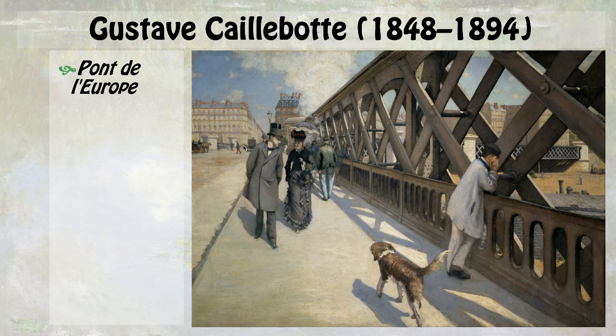The exposed steel beams are a feature of modern architecture, the Eiffel Tower being the most famous example of that style, where architects, rather than disguising what was holding the building up with a lot of decoration and marble sheathing and so on, actually let the structure itself be the design. So this is not simply what's recognizably a scene from a modern-day city, but one that emphasizes its modernity. And of course, it's a good picture because it has a dog in it.